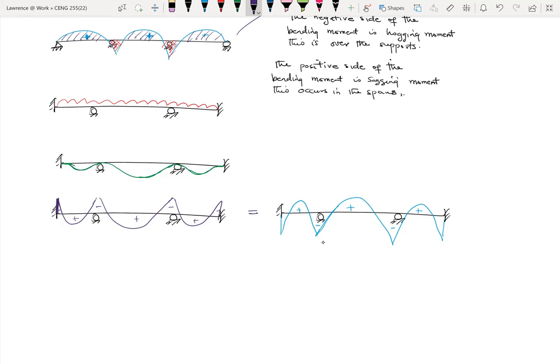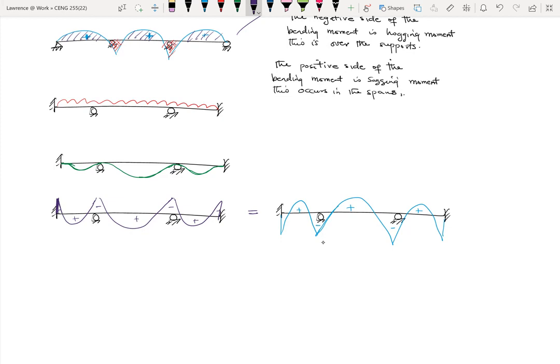We don't have enough equations to be able to analyze them using the three equilibrium equations: summation of moments about a point, summation of forces in the x direction equals zero, and also summation of forces in the y direction equals zero. So we need to figure out how to solve these types of questions.